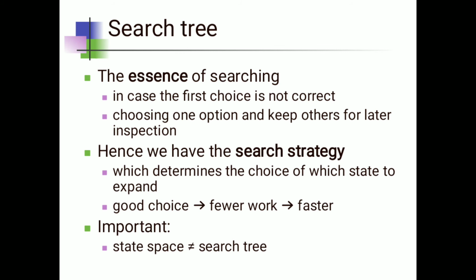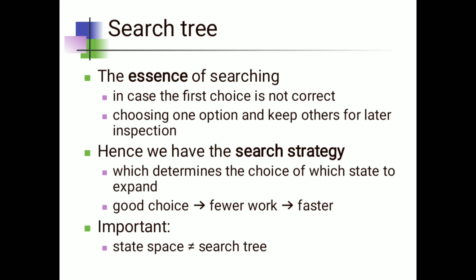A strategy is needed which determines the choice of which state to expand. We have already seen the example: from Arad city we can reach three different cities. So which state do we expand? We have to expand Sibiu city or we have to expand Rimnicu Vilcea.